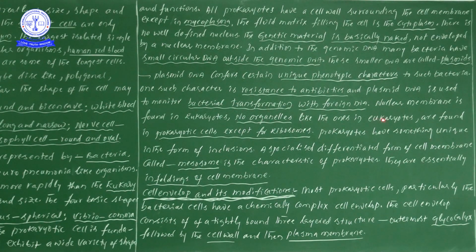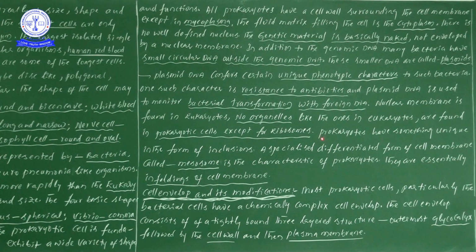All types of cell organelles are present in the eukaryotes, but all kinds of cell organelles are absent in prokaryotes except ribosomes. So in prokaryotes, how many cell organelles are present? Only one, that is ribosomes.